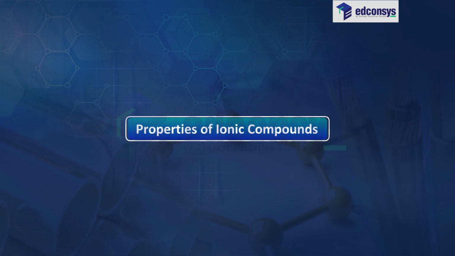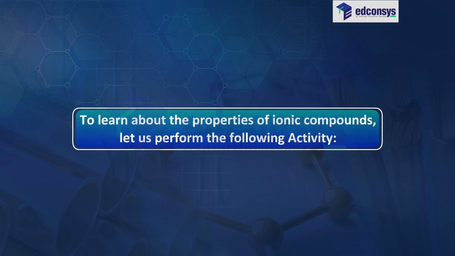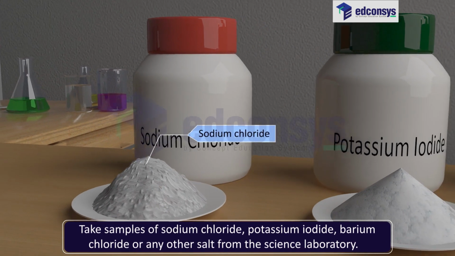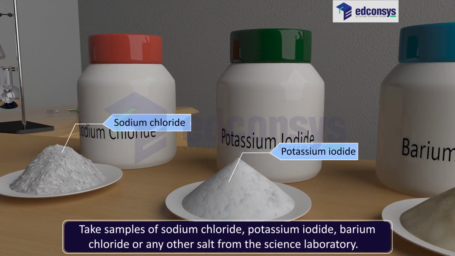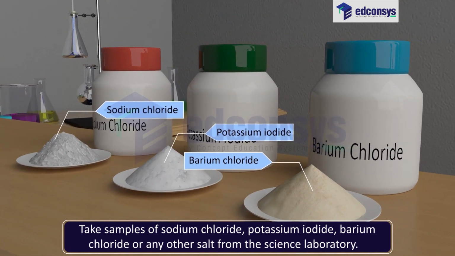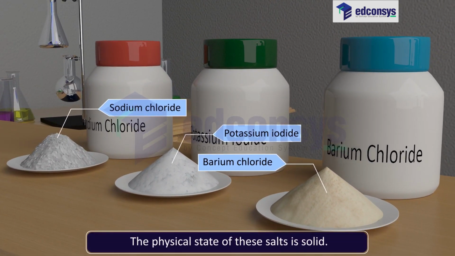Properties of ionic compounds. To learn about the properties of ionic compounds, let us perform the following activity. Activity. Take samples of sodium chloride, potassium iodide, barium chloride or any other salt from the science laboratory. The physical state of these salts is solid.